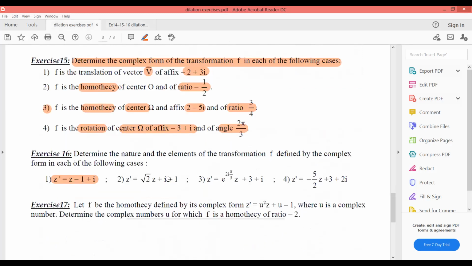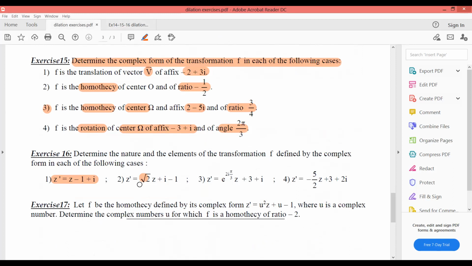Second part, Z prime equals radical 2 Z plus i minus 1. Here a is radical 2. Radical 2 is a real number. So f here is a dilation with ratio radical 2.